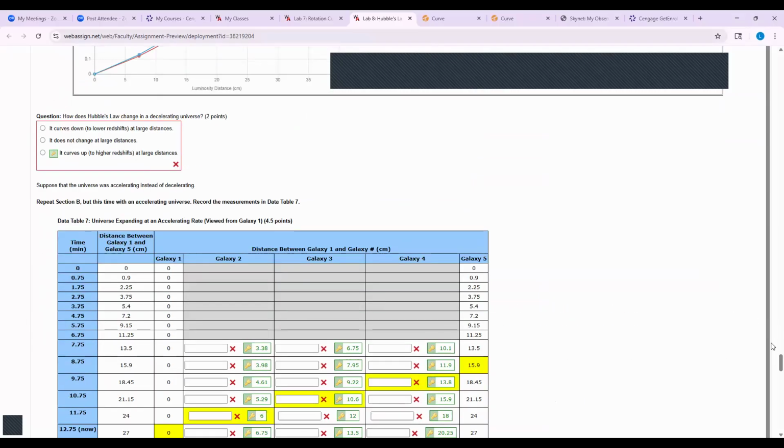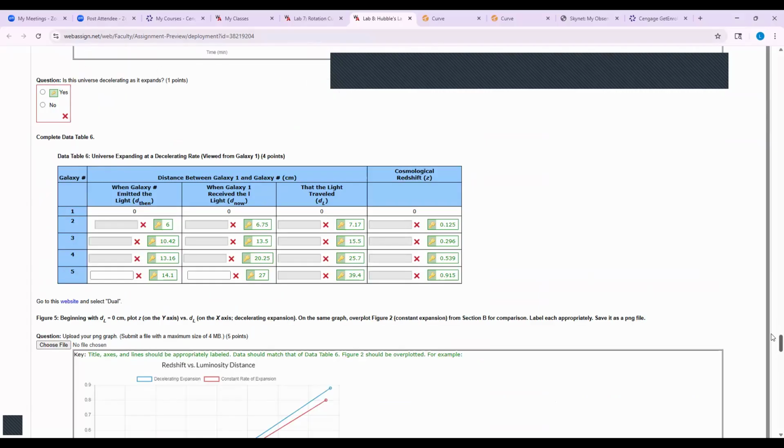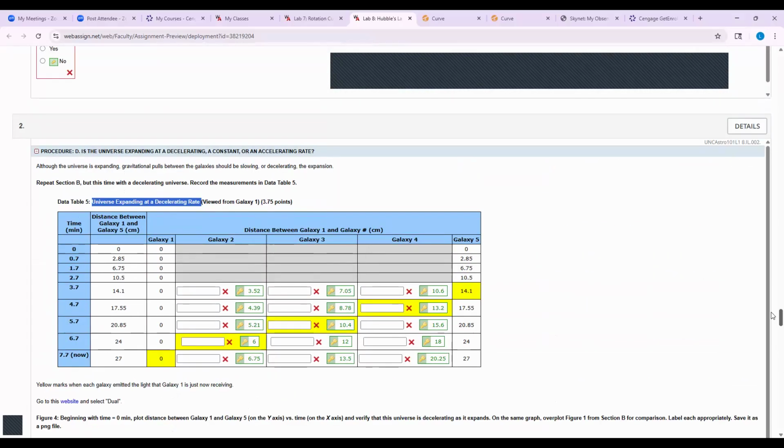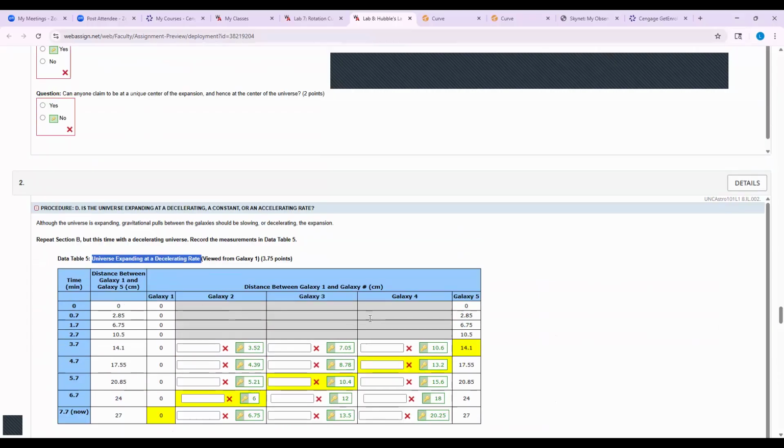accelerating universe. But the difference is that here, at the constant rate, what you assume is the galaxy is going to move at a constant rate of 3 centimeters per millimeter. But here you can assume a decelerating way.